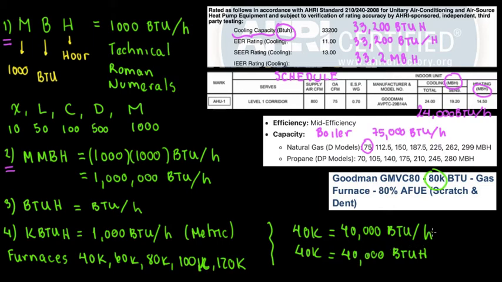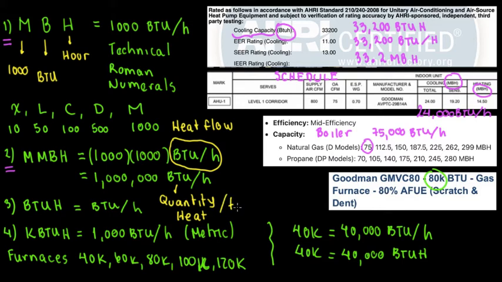So the main concept has to be very solid. Whichever way you are expressing this, MBH is a heat flow rate, a quantity of heat or energy divided by time.